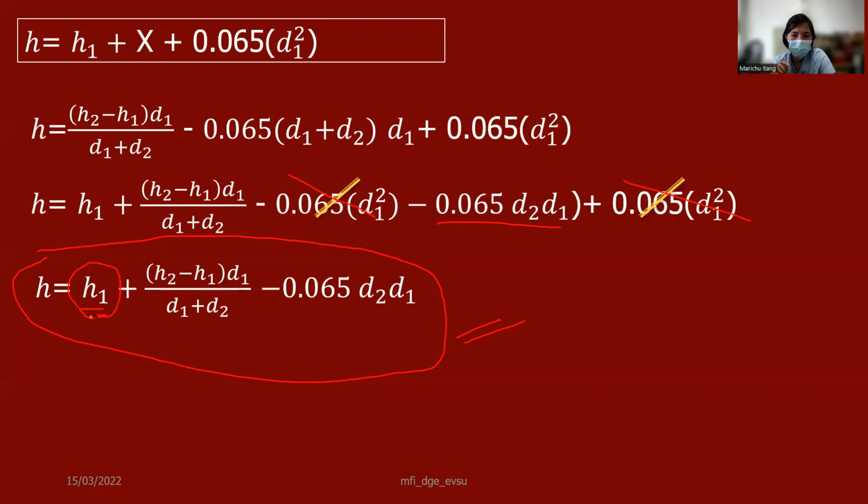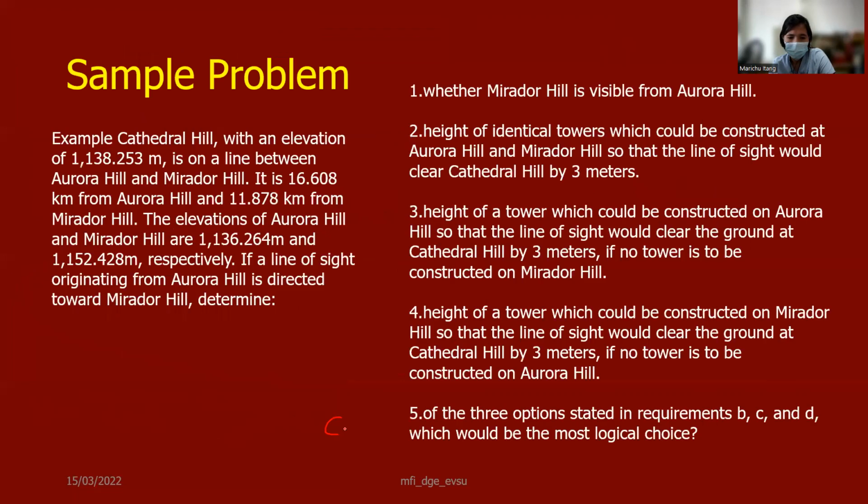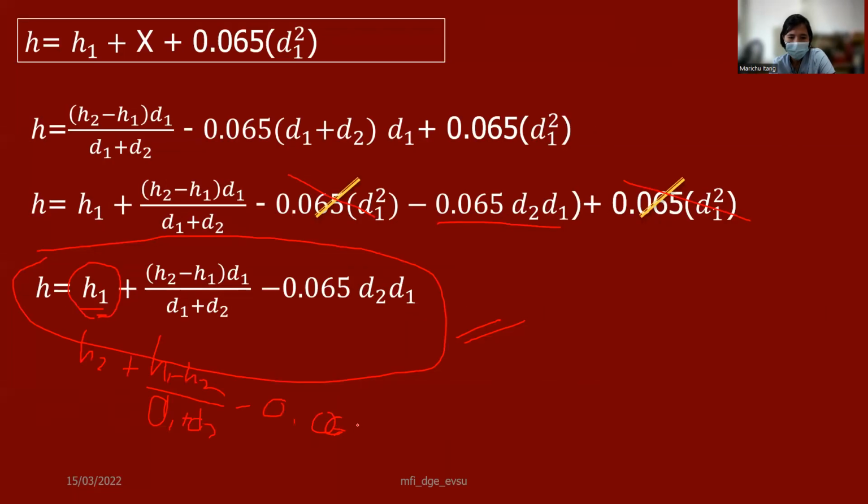Pag yung ating station occupied is nasa H2, then we change this one to H2, then plus yung ating equation is magiging H1 minus H2, yung ganon, plus D1 plus D2 minus 0.065 tapos D2 D1. So depende siya kung saan yung ating station occupied.